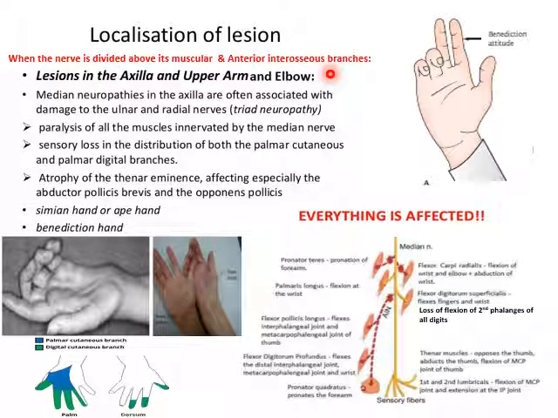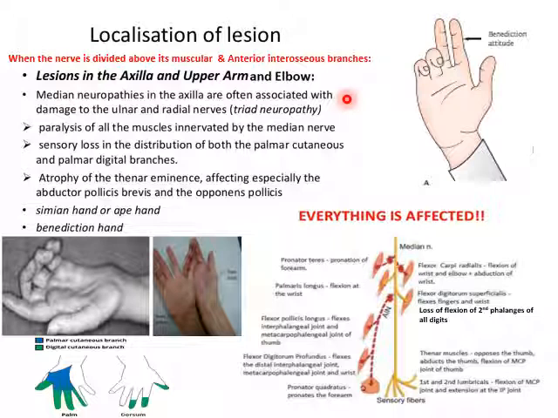The lesions in the axilla, upper arm and elbow cause the following, or we can say the injury to the median nerve before it gives its muscular and anterior interosseous nerve branches. This is called median neuropathy.